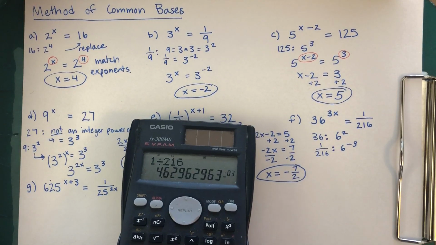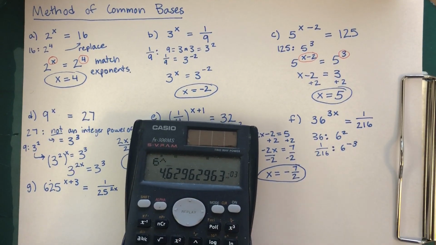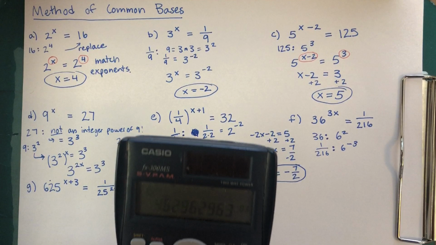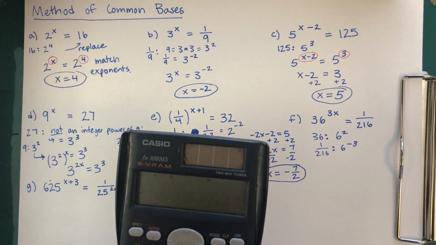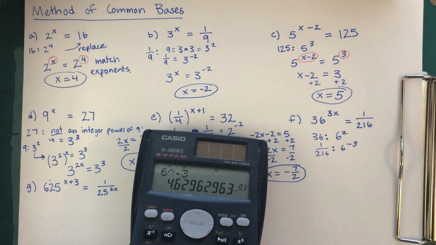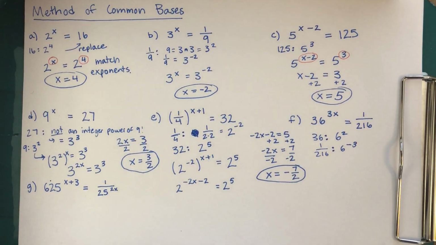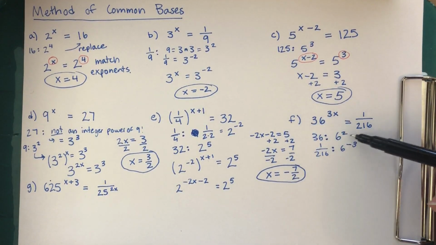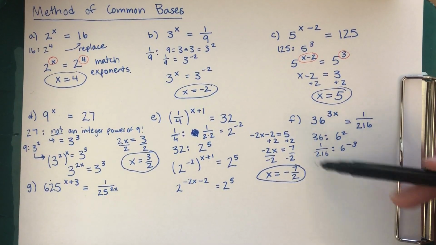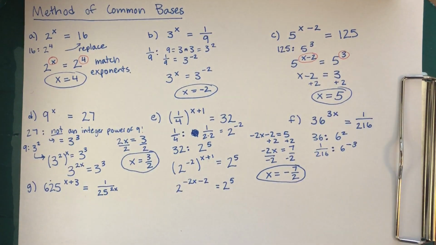Do I get the same thing if I write 6 to the negative 3? Yes, so it is the same thing. And I'm very confident that 36 is 6 squared, but you could always double check these things in a calculator and make sure that they are actually the same.